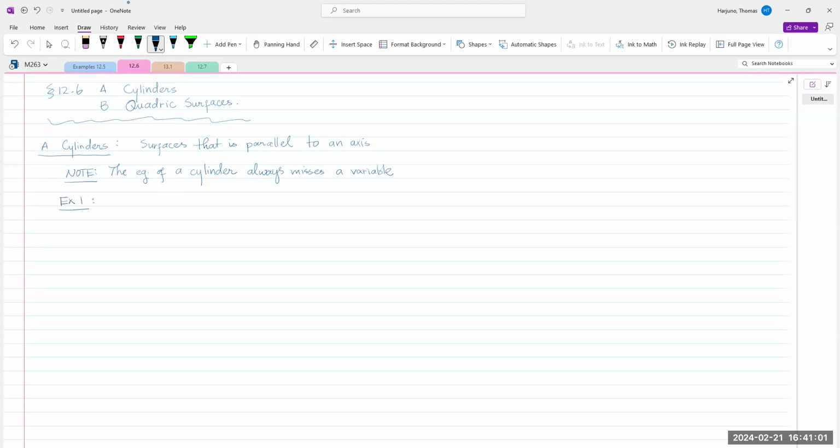In one dimension, for example, when we say x equals 3, basically on one number line, x equals 3 is just a point on the number line, 3 units to the right of 0. Now, in 2 dimensions, if we have x equals 3, notice that we are missing the variable y, right?